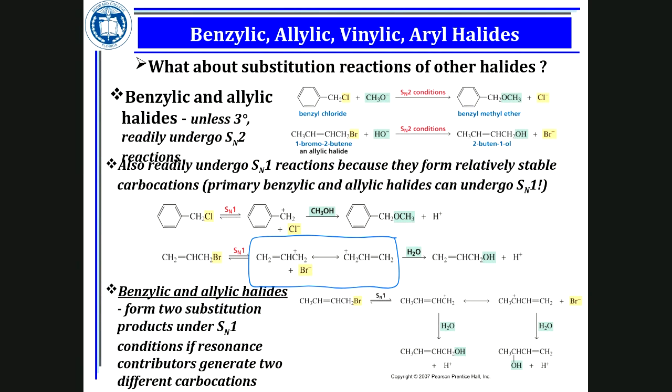So you are going to get the OH attached to the first carbon from the right, or the OH attached to the second carbon. In this case, it's not going to make a difference, because either way, OH would be on carbon 1, and then the pi bond is going to be on carbon number 2. So if the OH attaches to this carbon or this carbon, it gives you only one product.